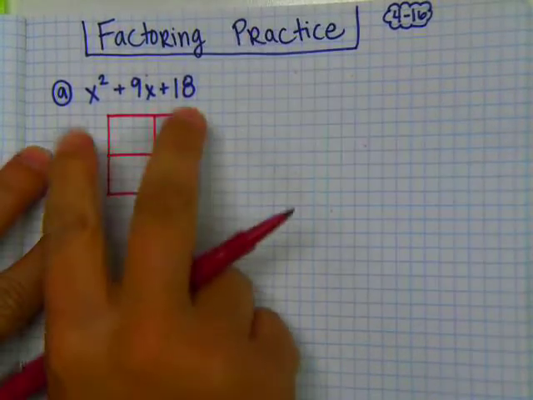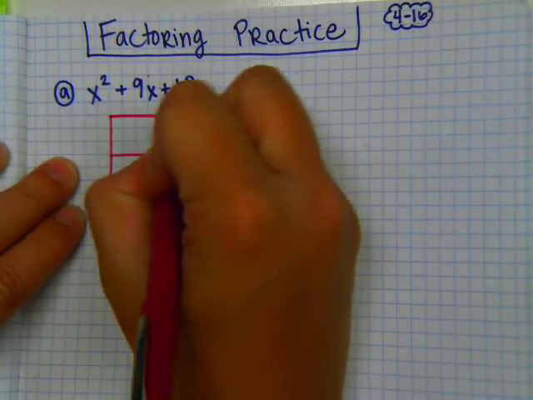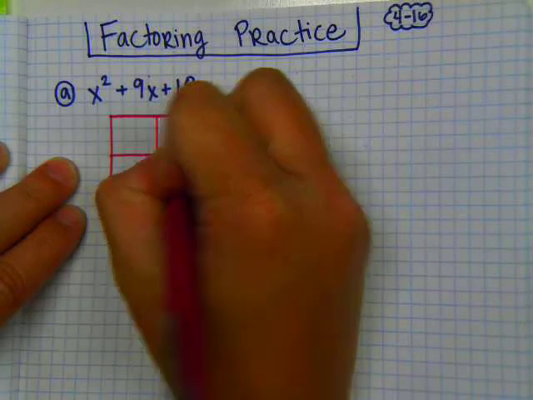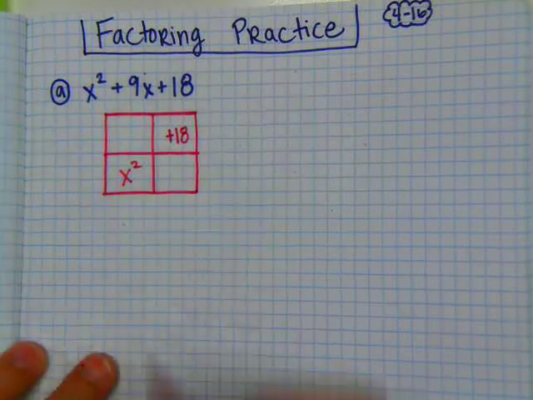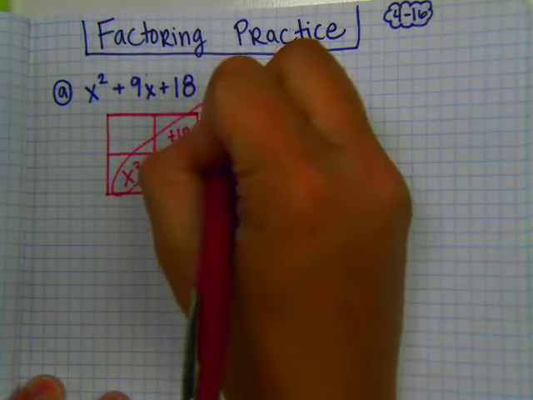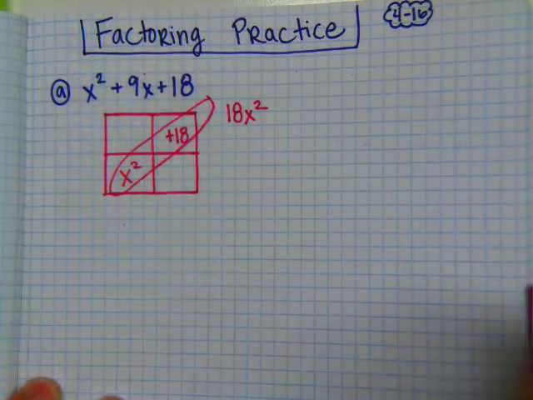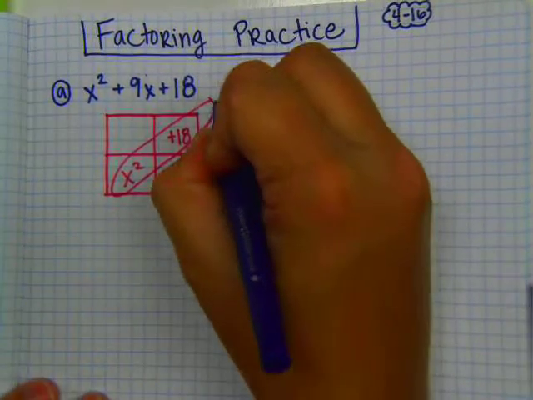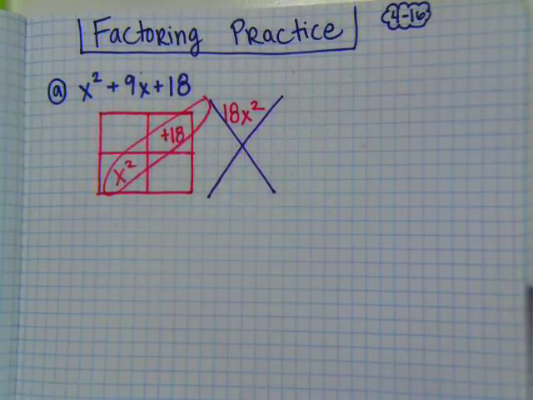We put our first and last terms in the diagonals. And then what do we do with those two values? Hopefully you know that you multiply them. I'm going to circle and multiply. That'll be 18x squared. And now I'm going to make my diamond. And what should I be putting in the bottom?